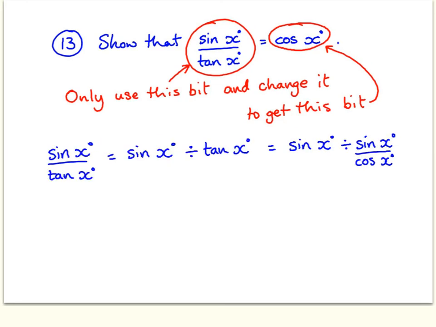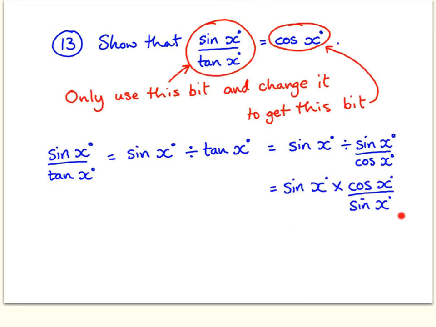So sin x over tan x, which is what we started with, I'm just rewriting it as a divide sum instead of a fraction. So the tan x bit will change to sin x over cos x. So we're dividing by a fraction. And if we divide by a fraction like we've done previously, it changes to a multiply, and multiply by the second fraction the other way around.